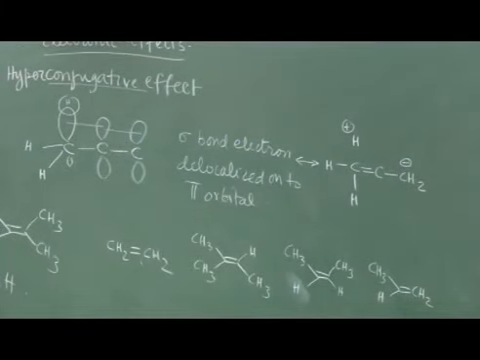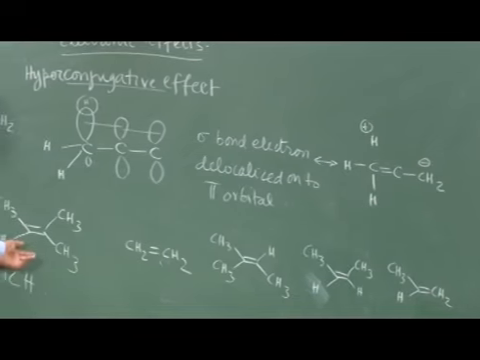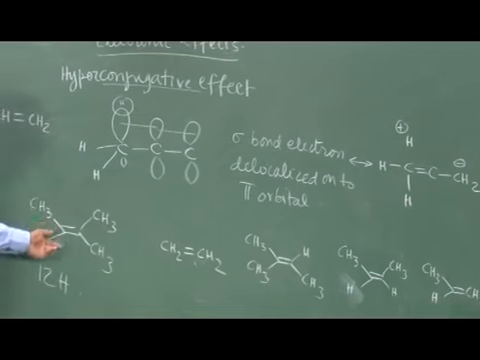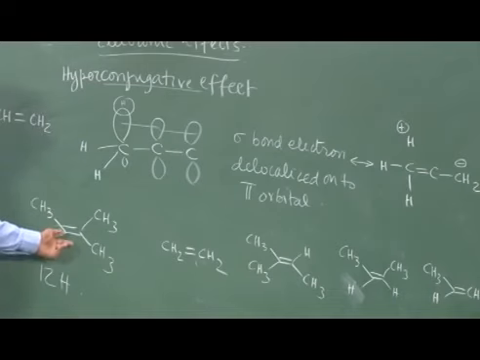This is thermodynamically most stable. One of the explanations that is given is that it has 12 hydrogens which can hyperconjugate and delocalize the sigma electron onto the pi orbital, thereby imparting stability towards the overall effect.